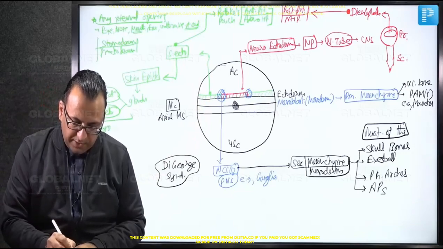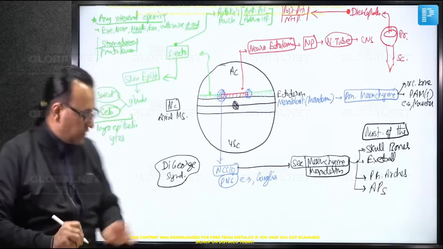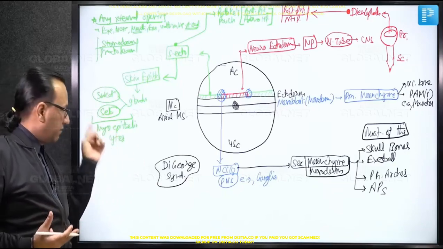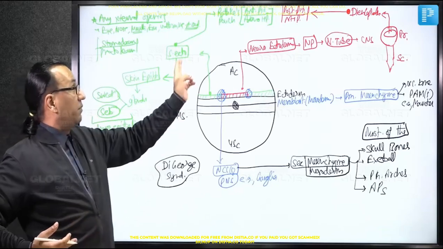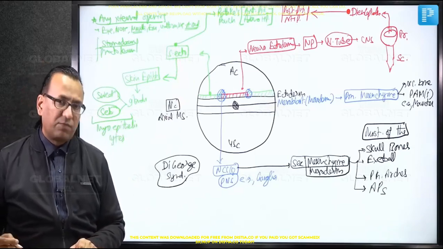So myoepitheliocytes, which squeeze the secretion of these glands out, they are also from surface ectoderm, which is a strange finding because these are muscles, the smooth muscles, and even the muscles are coming from ectoderm. See, normally muscles are coming from mesoderm, but there are some muscles which come from ectoderm.